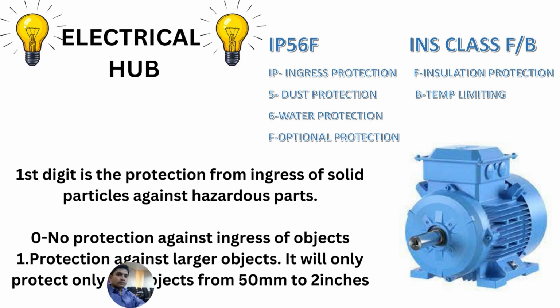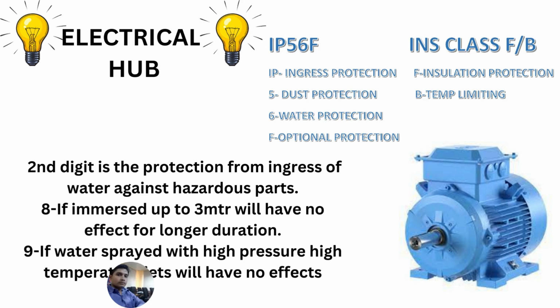If it is mentioned as 1, IP1 means it is only protecting against larger objects, that is 50 mm to 2 inches. Smaller than that, it cannot protect. And if it is mentioned as IP0, it means there is no protection against the ingress of objects.